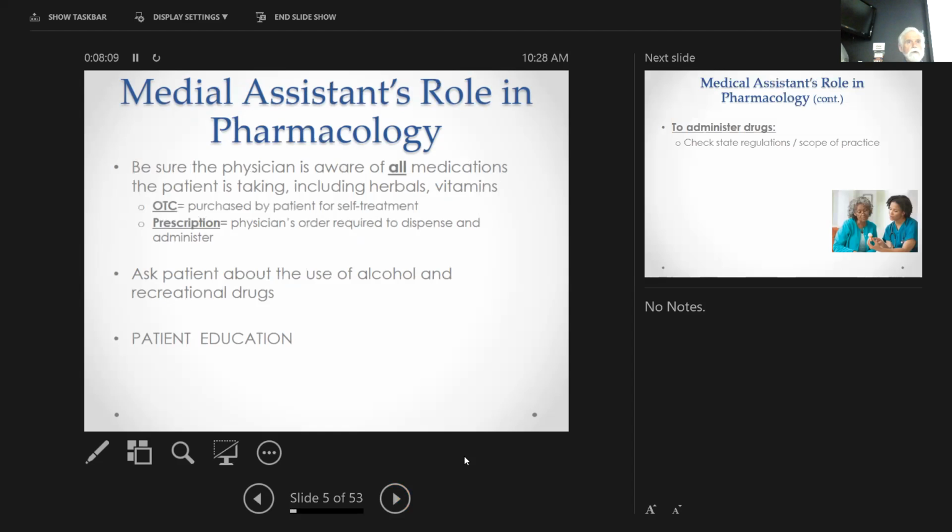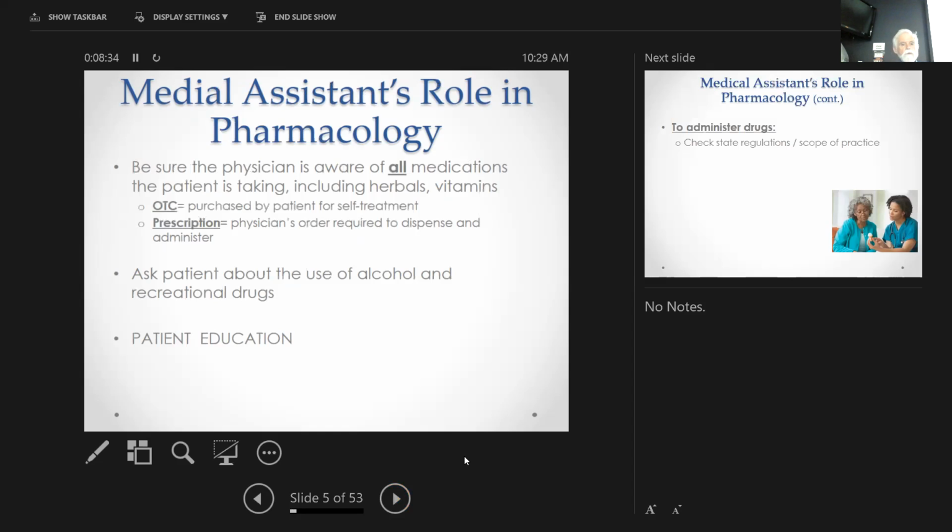All of these things can interact with drugs in sometimes expected, sometimes unexpected ways. Those interactions can be very dangerous for the patient. So we need to know what we're taking, all of these things.